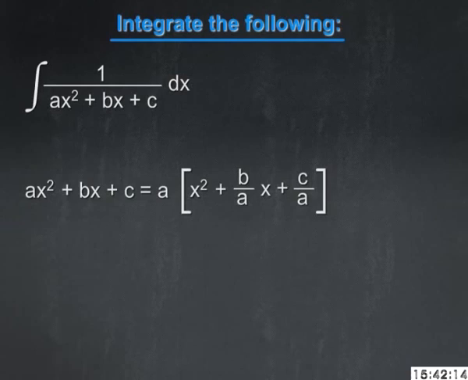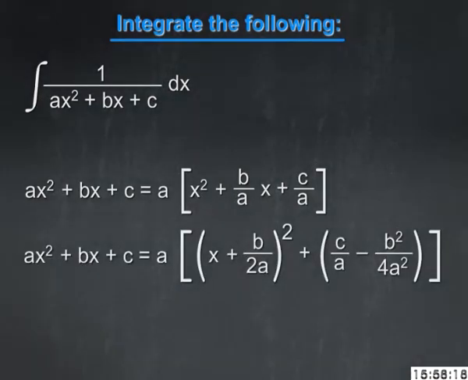So here, denominator ax square plus bx plus c can be written as a whole multiplied by x square plus b upon a into x plus c upon a. Further, it is equal to a whole multiplied by x plus b upon 2a whole square plus c upon a minus b square upon 4a square.